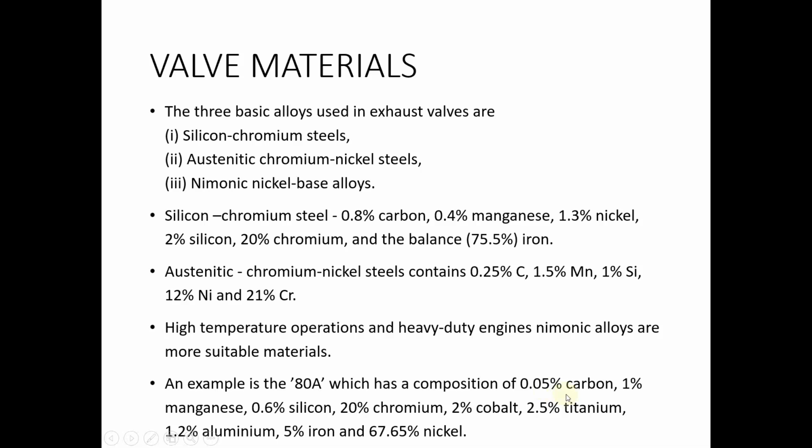It has a composition where the carbon content, as you can see, is very low, 0.05% carbon, manganese, silicon, and chromium, again a major component at 20%, and 67.65% of nickel. So instead of iron, nickel has become the major constituent. So nimonic nickel based alloys are mainly used as valve materials only for very heavy duty purposes.